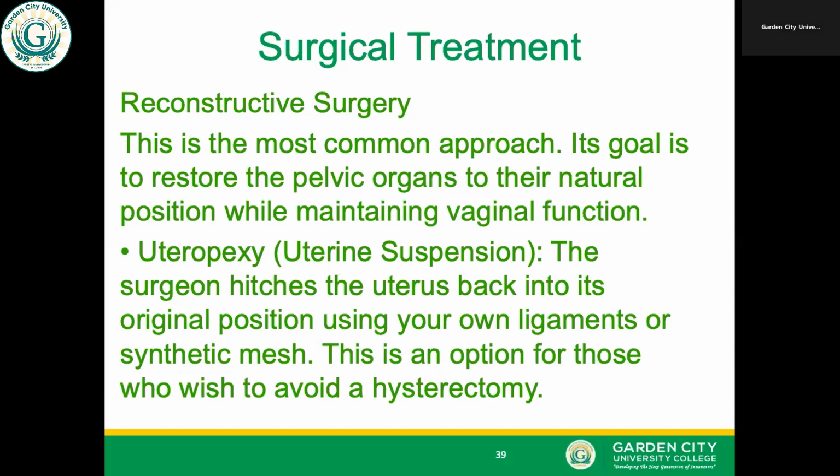Then we have the uteropexy or uterine suspension method. With this one, the surgeon hinges the uterus back into the original position using your own ligaments or synthetic mesh. This is an option for those who wish to avoid hysterectomy.